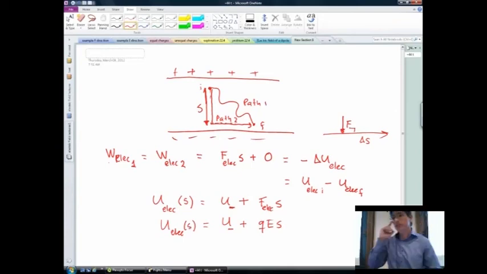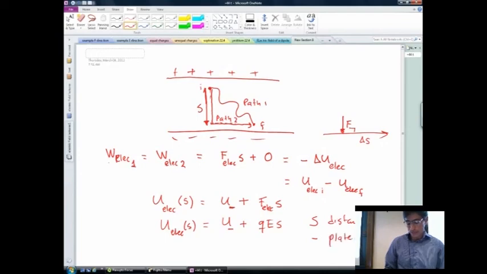So you can associate a potential energy to a particle located in that electric field, and that potential energy is equal to the potential energy at the reference level, which is the potential energy at the negative plate, plus QES. Notice that S is the distance to the negative plate.